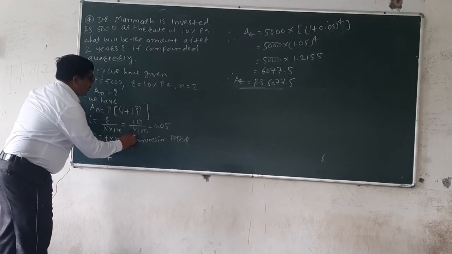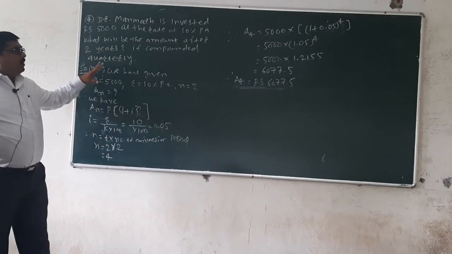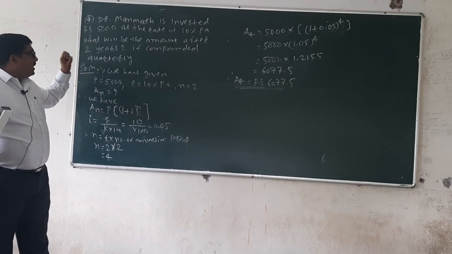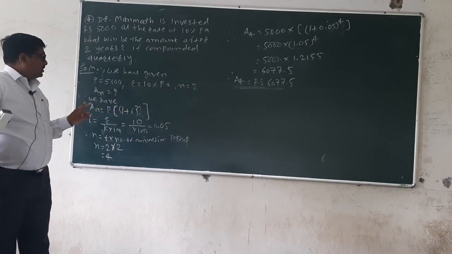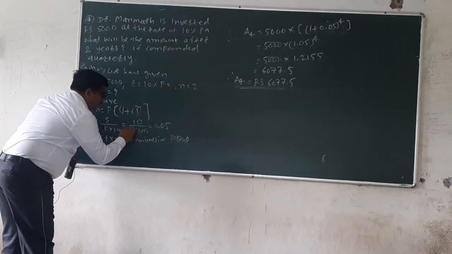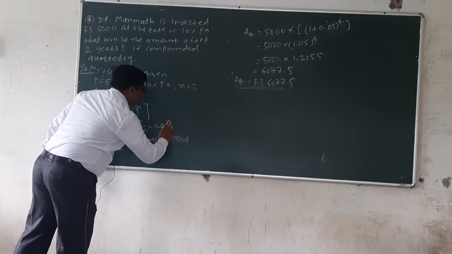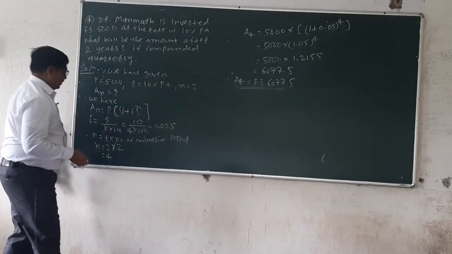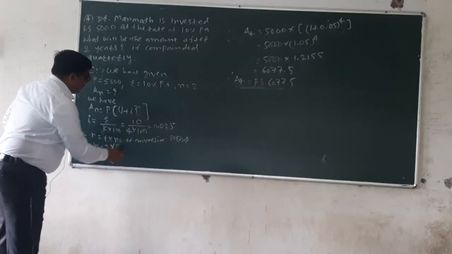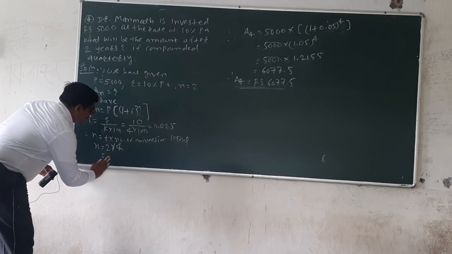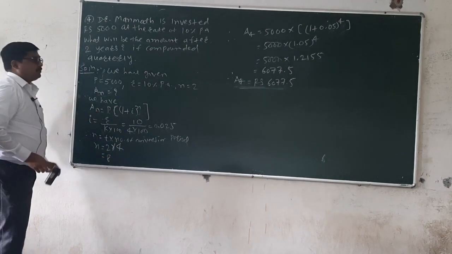K is different because you are calculating compound interest quarterly. In a year there are 4 quarters, therefore K equal to 4. So this is 0.025. Again, the number of conversion periods in a year is 4, so N equal to 8.